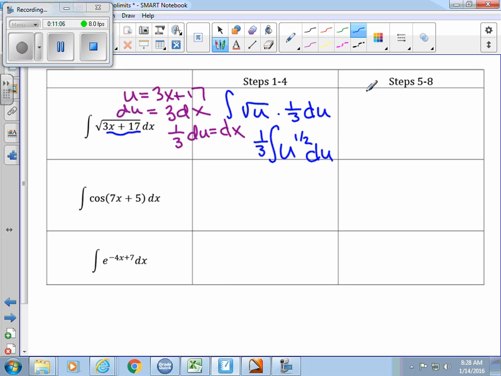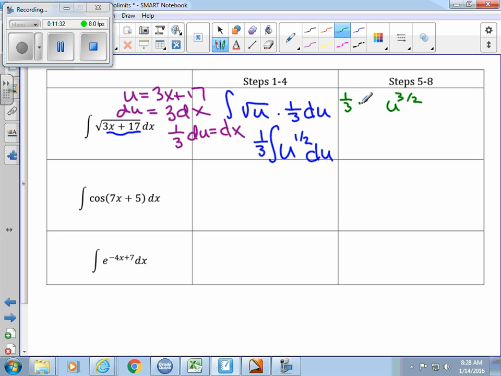Okay. And so now I will take, I don't know if I'm sticking on steps 1 through 4 or 5 through 8. I don't care on your homework if you stick on the, I think it's labeled the same way. No, I'm not going to look to see what's in which box. Add 1 to the power. Divide by the new power.